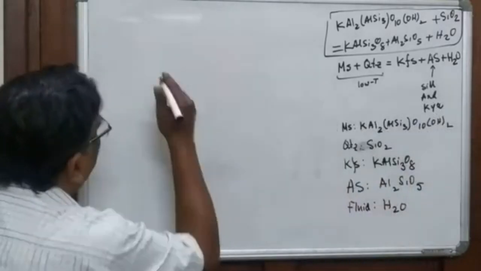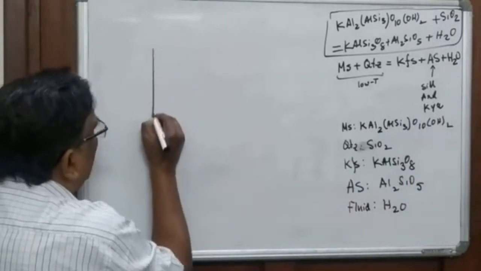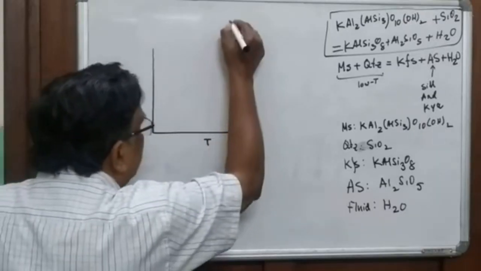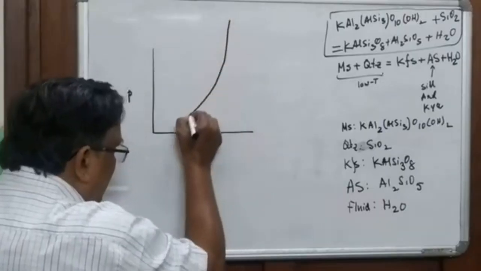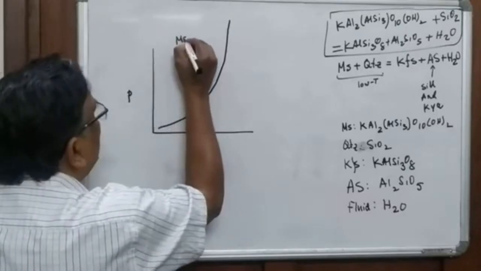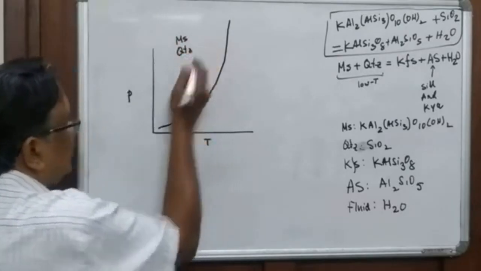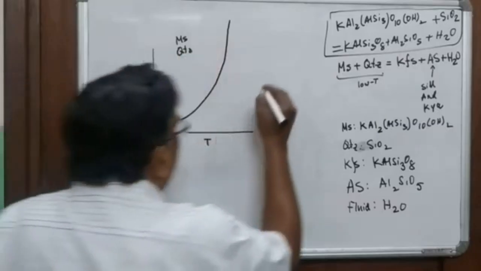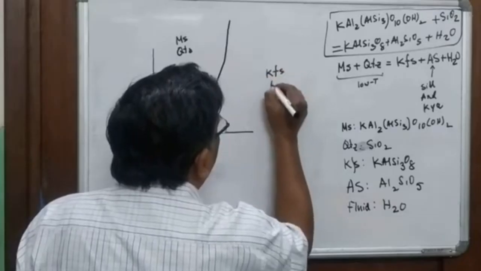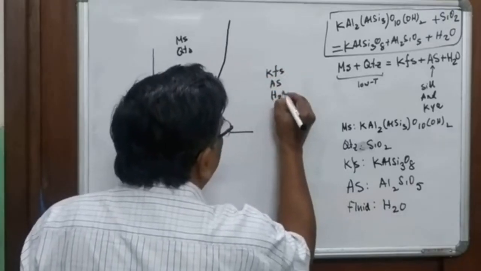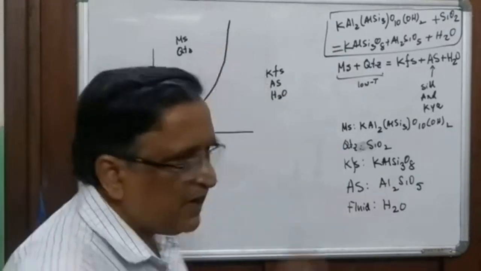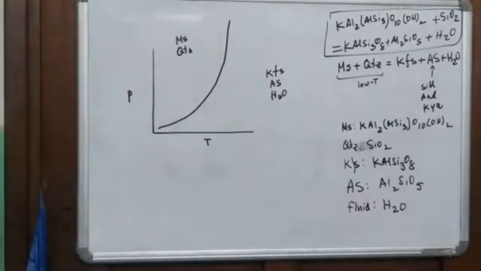Now, if I draw a diagram, temperature, pressure, this is how the reaction looks, with muscovite and quartz to the left, low temperature, and K-feldspar, aluminosilicate, H2O, the high temperature form.